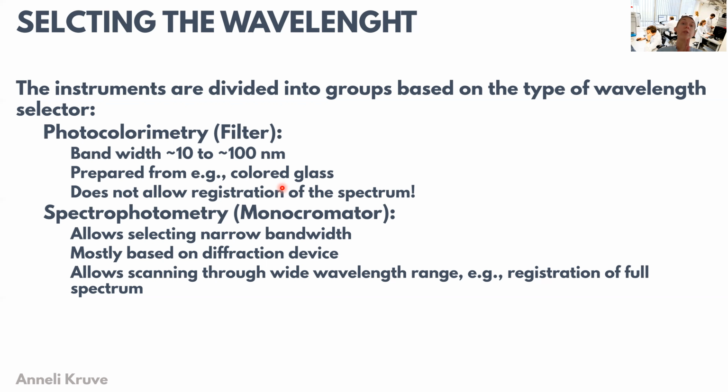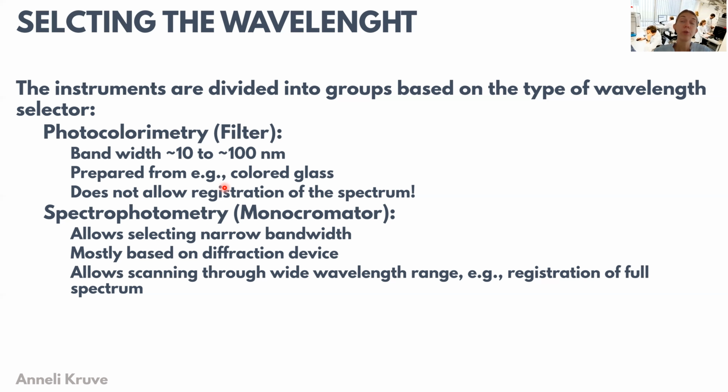So compared to the whole range, they can actually be quite wide. And these filters do not allow us to register the full spectrum, but measure the absorbance in the wavelength range that is passing through our filters.